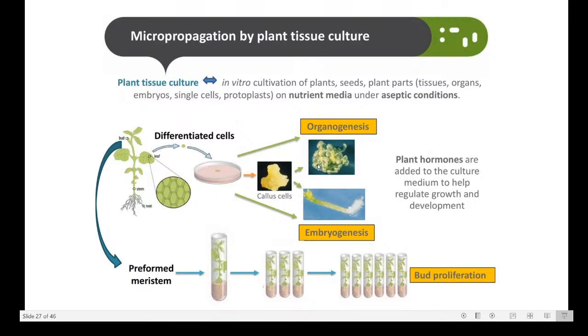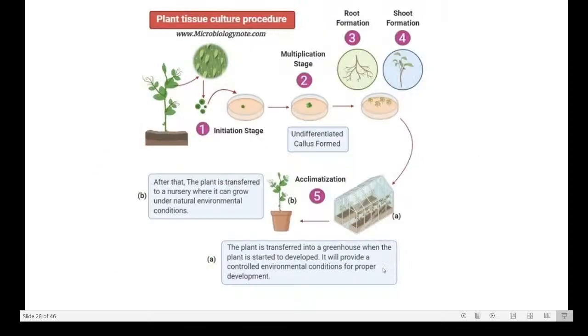These are related to plant hormones. If we need embryogenesis, we need to add the specific hormones for that. Organogenesis is also like that. After getting a root and a shoot with the whole plant, we transfer the small plants into tube cultivation. After the growth of the particular plant, we have to transfer it into the soil.